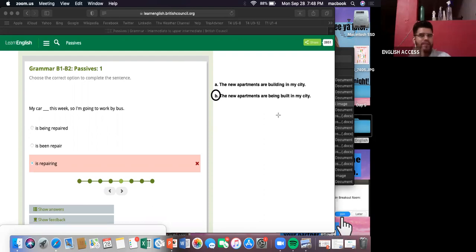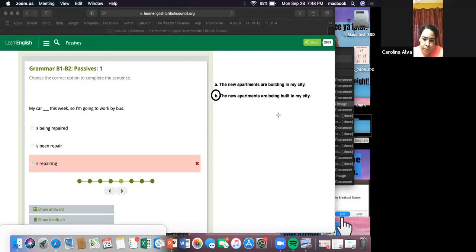Exactly. Apartments cannot build. They are not robots and they are not humans. Humans can build, robots can build, machines can build, but apartments can't. Apartments, they exist. That's all they can do. They exist. Okay. Right. So you are correct. They are being built. That means people are building them. Yeah. Something is building them.